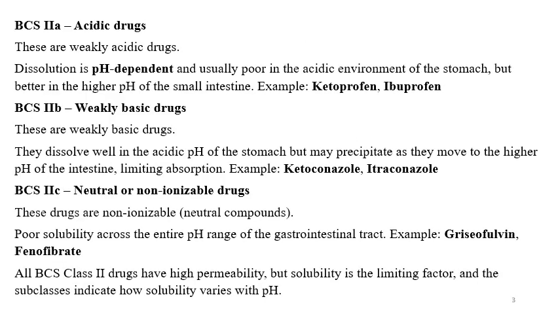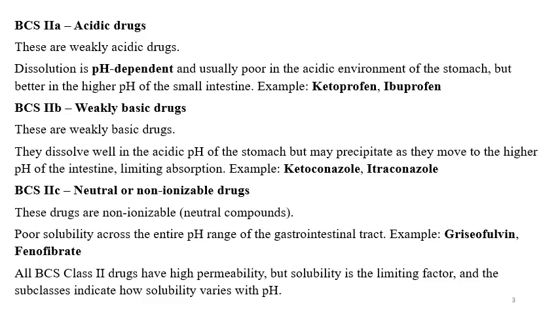BCS class 2A, these are the acidic drugs. These are weakly acidic drugs. Dissolution is pH dependent and usually poor in the acidic environment of the stomach, but better in the higher pH of the small intestine. So always consider that BCS class 2A you can refer to as acidic, and for these drugs dissolution will be better in the basic pH.